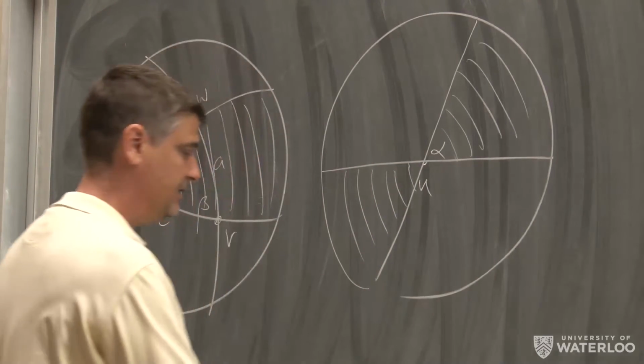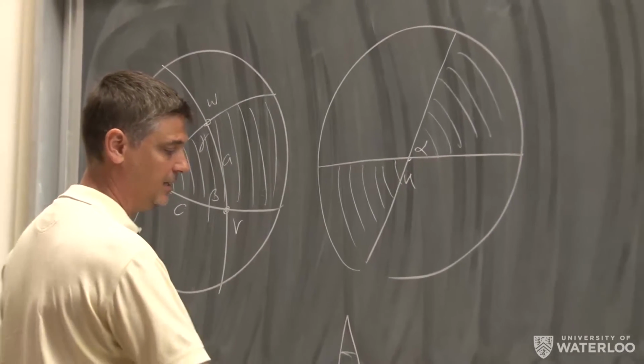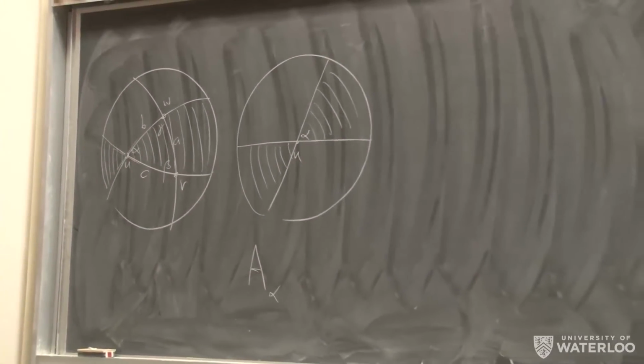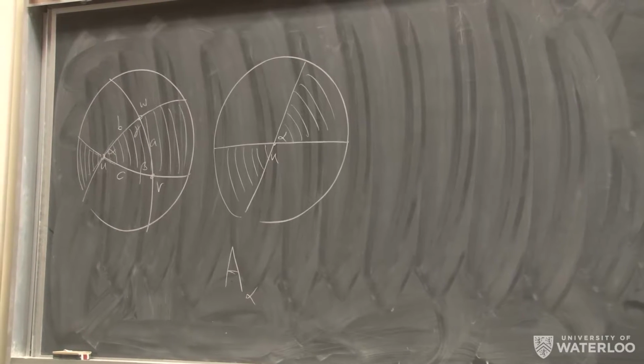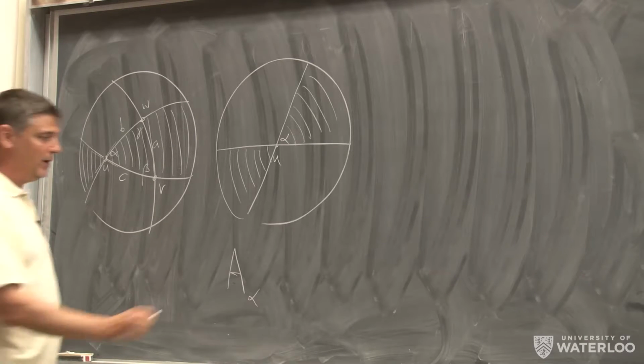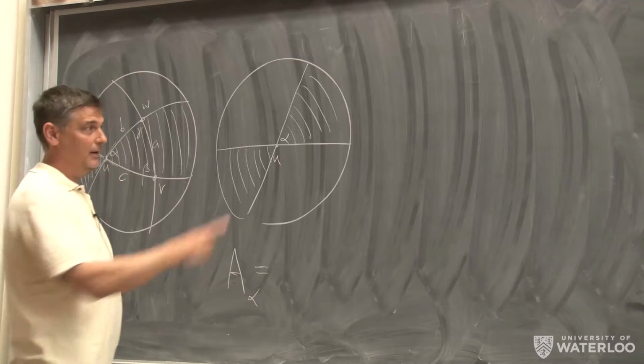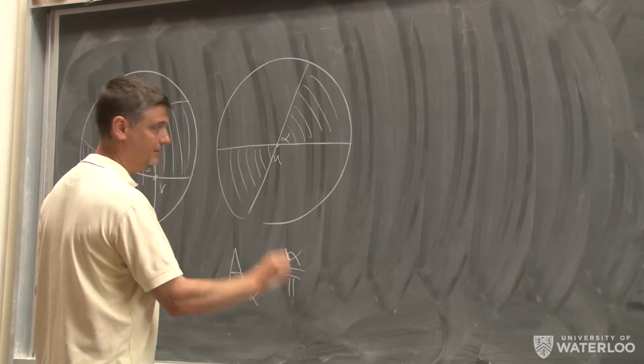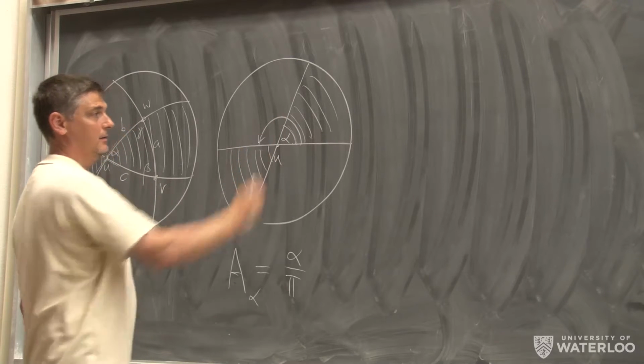Can anyone see what the area is from that picture? I'll write A sub alpha for the area of that alpha wedge. Can anyone see what the area of that alpha wedge should be? Probably someone can, but no one's got their hand up. So I'll write this one down. Let me start it off. It's alpha over pi times what?